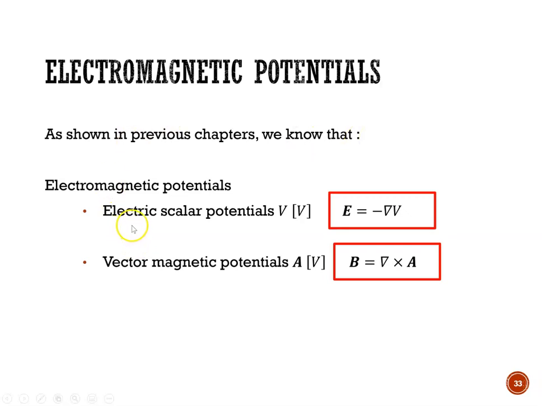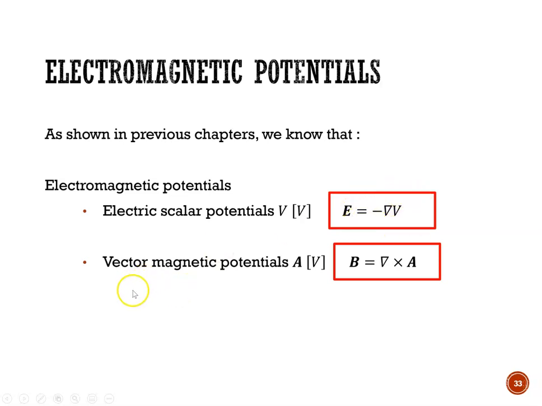The first is the electric scalar potential, V, which is in volts. The second is the vector magnetic potential, denoted by A. In order to find the electric scalar potential, you use equation 1: E is equal to minus del V. You have to know how to calculate using this formula.